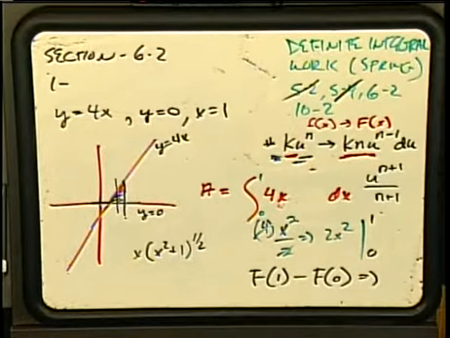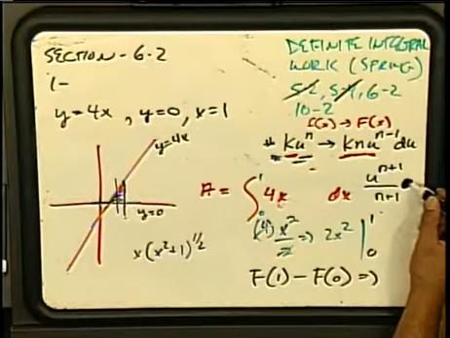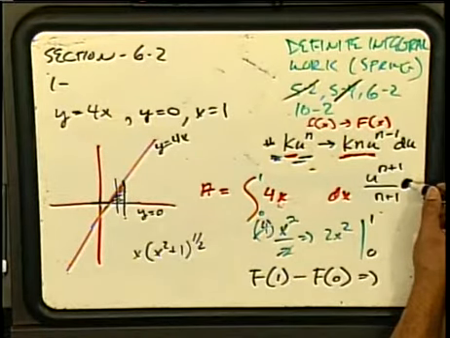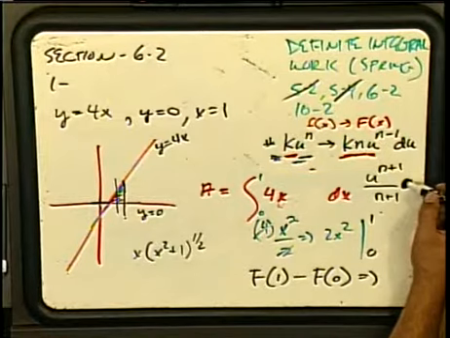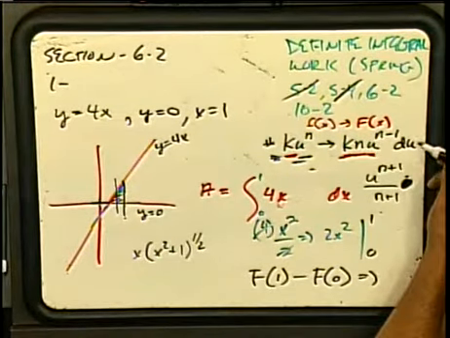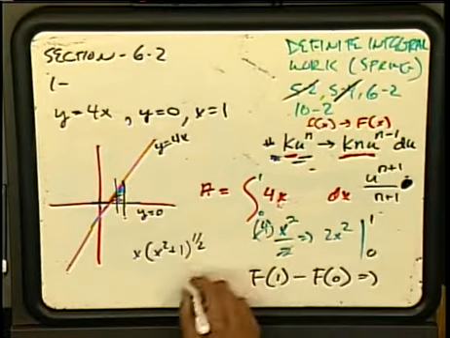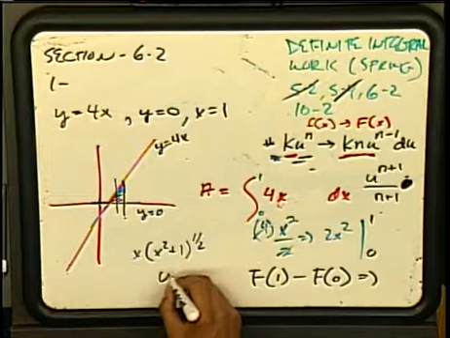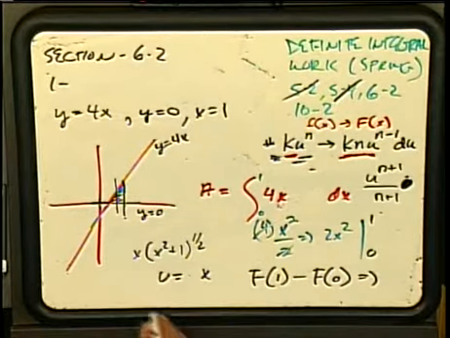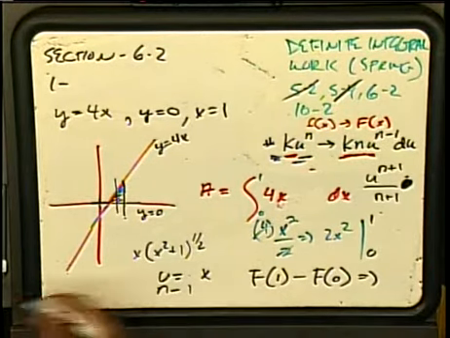Oh, I got you. Makes sense. And when you use this one, they give you n minus 1, so you just got u equals x, n minus 1, stuff like that.